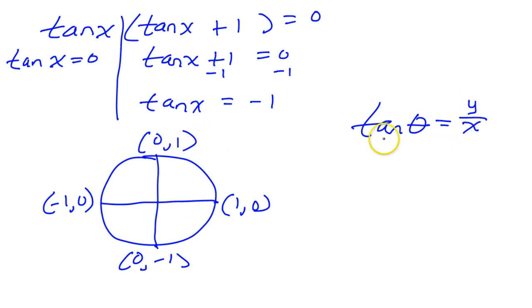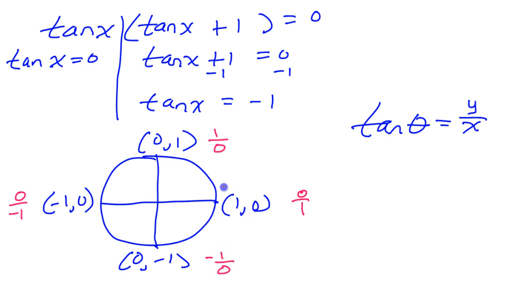You know, it's sine over cosine. So using that fact, y over x, that would make this 0 over 1 and 1 over 0 and 0 over negative 1 and negative 1 over 0.